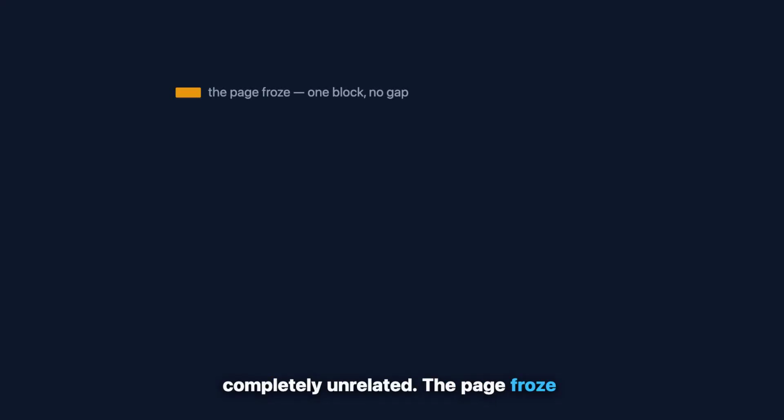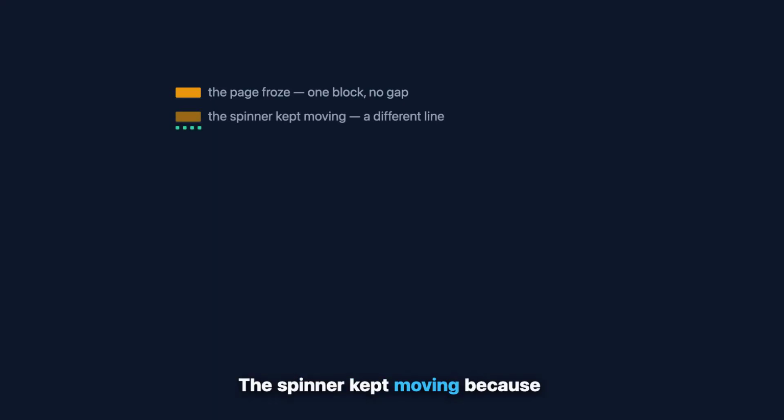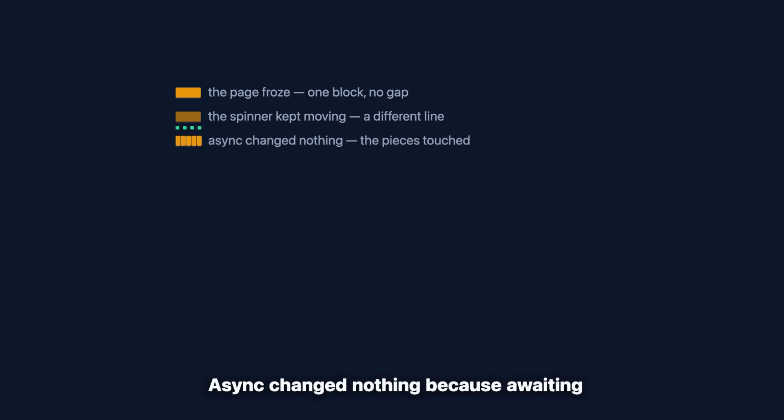So, 7 things that look completely unrelated. The page froze because one piece of JavaScript ran for 2 seconds with no gap anywhere in it. The spinner kept moving because the browser could run that animation on the compositor away from the blocked main thread. Async changed nothing because awaiting something that had already finished doesn't create a gap.